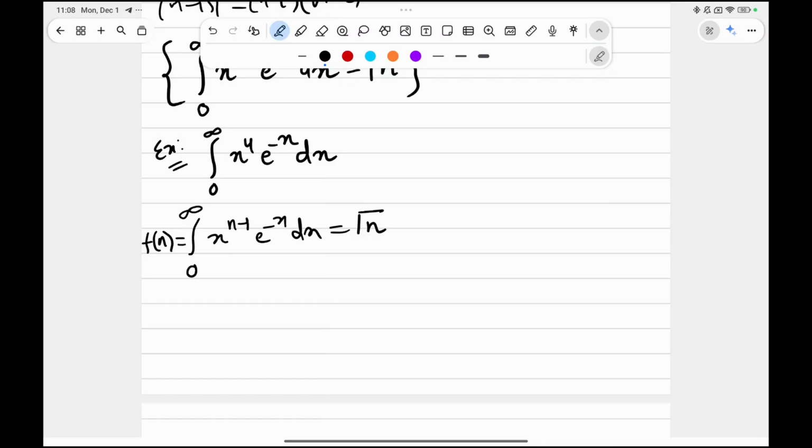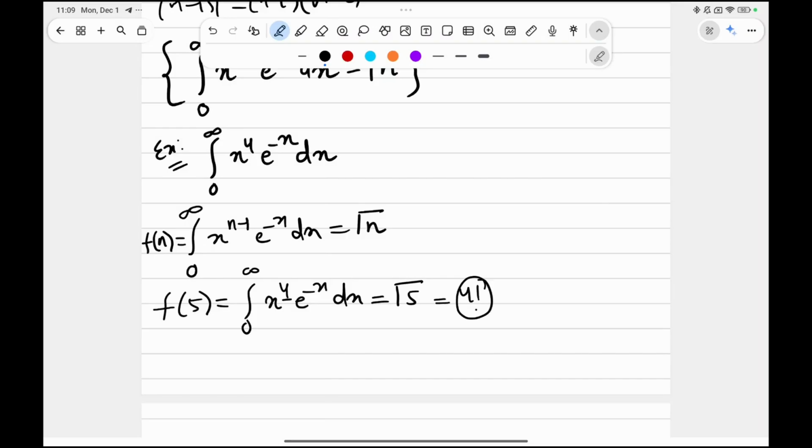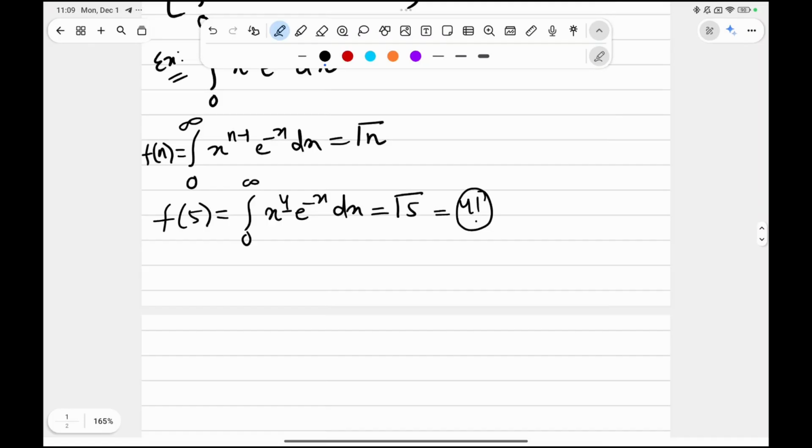So f of 5 equals the integral from 0 to infinity of x to the power 4 e to the power minus x dx, which equals gamma of 5, that is 4 factorial. In shorthand, we just take the factorial of the power plus 1 minus 1: the power is 4, plus 1 gives gamma of 5.